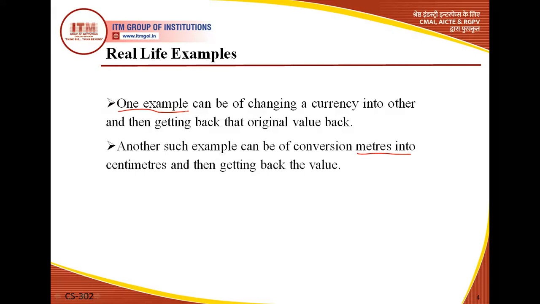Those functions are known as invertible functions, where this inverse process can be there. If that cannot be there, then those functions are known as non-invertible functions. So changing of currency from one to another would be an invertible process, and obviously you can find the inverse of it. That's an example of inverse of a function.